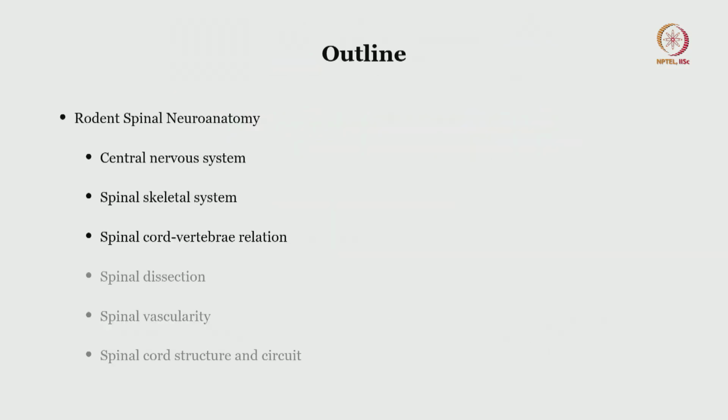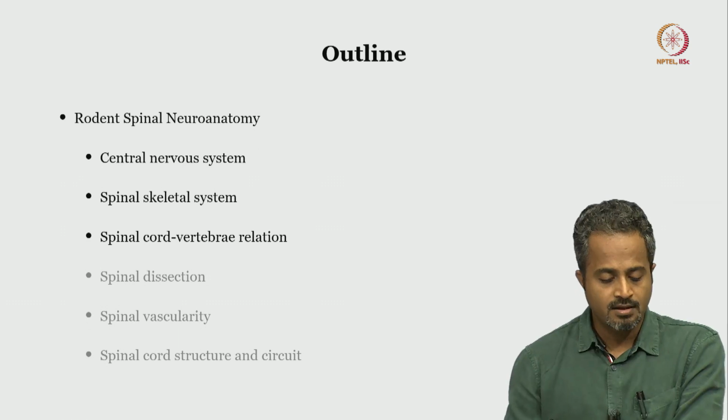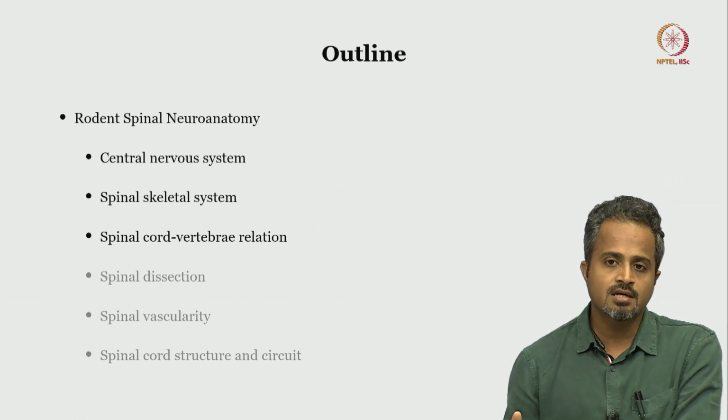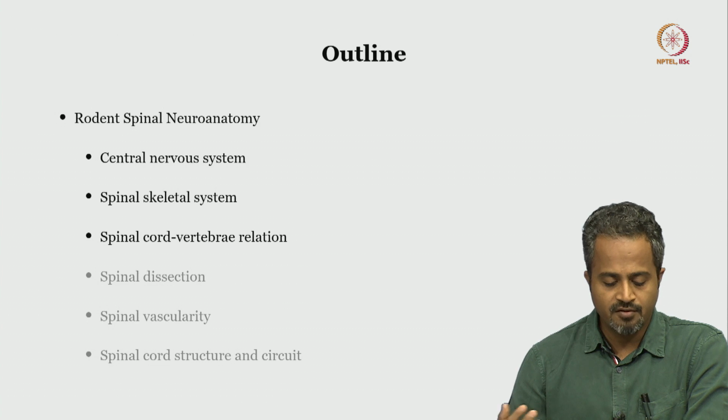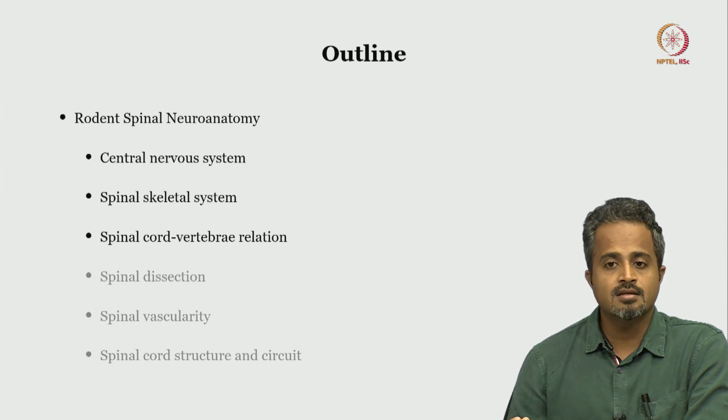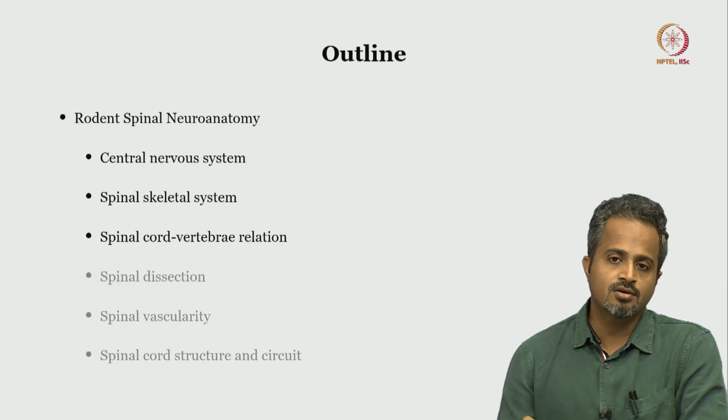let's look at the overall session that I'm going to deal with. Central nervous system, spinal skeletal system, spinal cord vertebrae relation, which is very important to understand. Then the spinal dissection as to what layers are needed to expose the vertebra and the spinal cord, and briefly about spinal vascularity and the spinal cord structure and circuit.